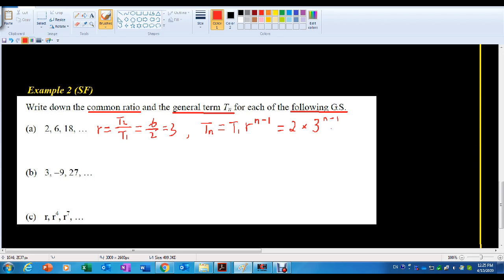We've already got the answer, but some students might think, can we multiply this 2 and 3 to become 6? Can we do that? Think about this. Can we multiply 2 with 3? It's really tempting, right, but it's wrong. Why?